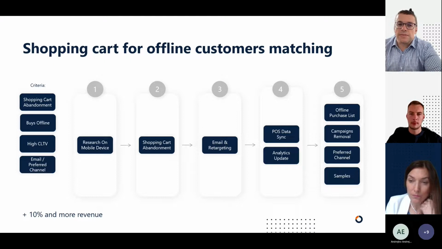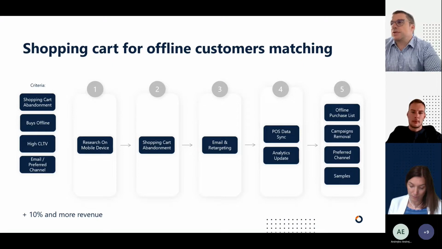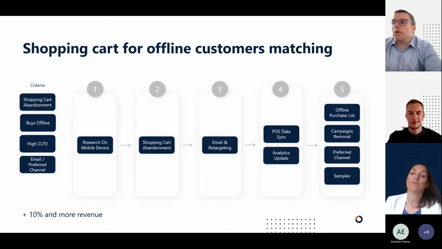So, for instance, we can get information from the cashier that this client is connected to a particular email. Sometimes it's an issue in a process that sales representatives forget about this, or it might also be an issue in a sync and integration.